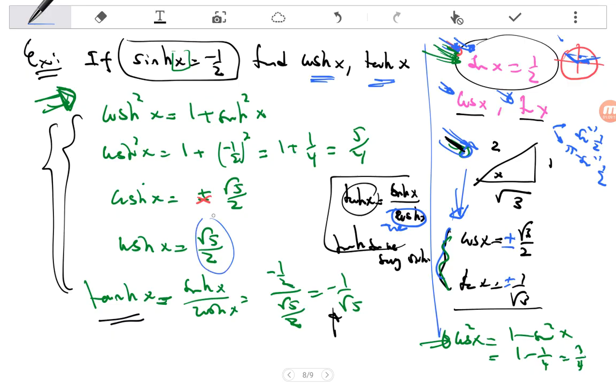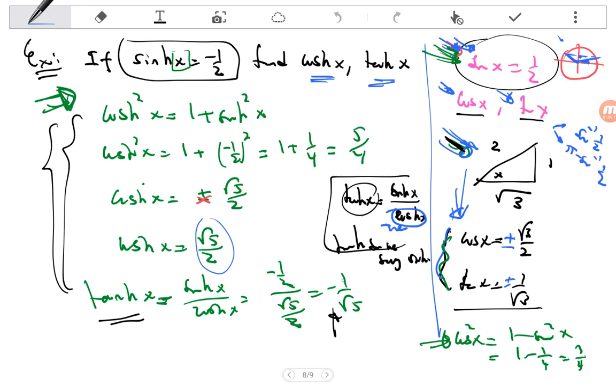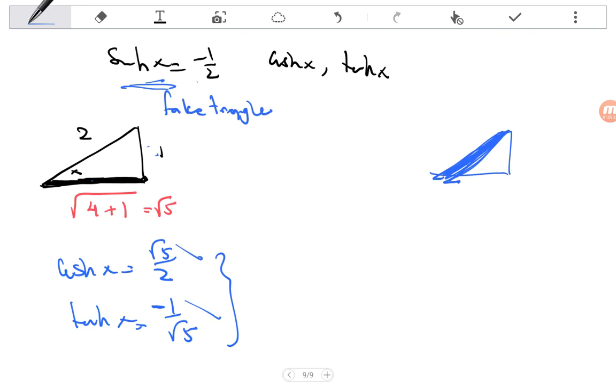We'll find that cosine x equal to root 5 over 2 is exactly like this, and tangent x, which was also equal to minus 1 over root 5, is exactly like this. So that is how, given some hyperbolic function, we may find all the other hyperbolic functions from a fake triangle in this way. Okay?